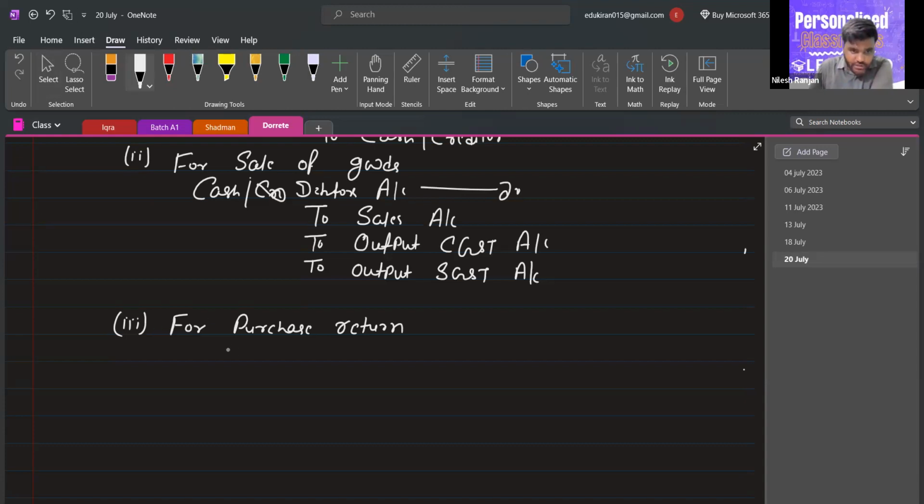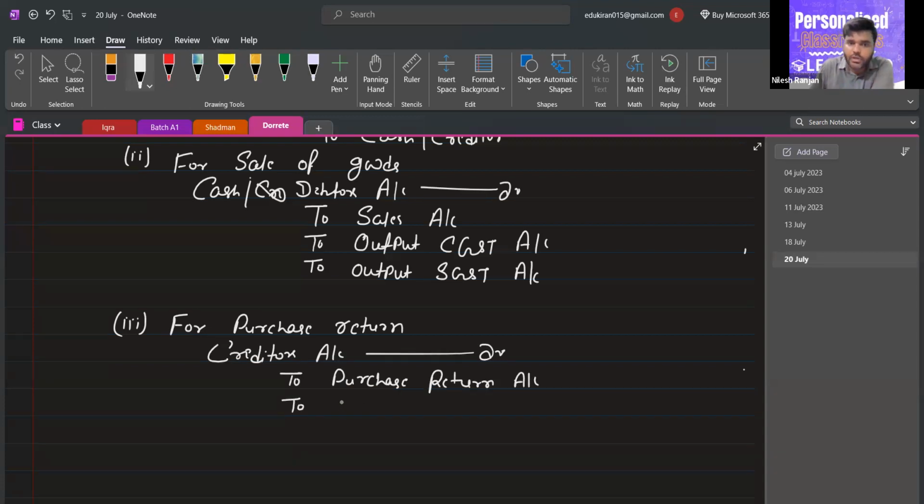And for purchase return, the journal entry will be creditors account debit, to purchase return account, to input CGST account, to input SGST account.